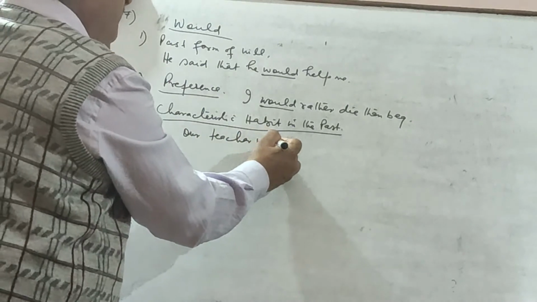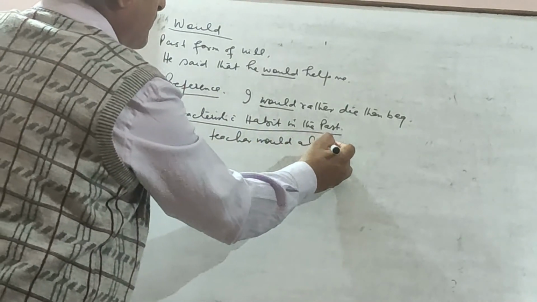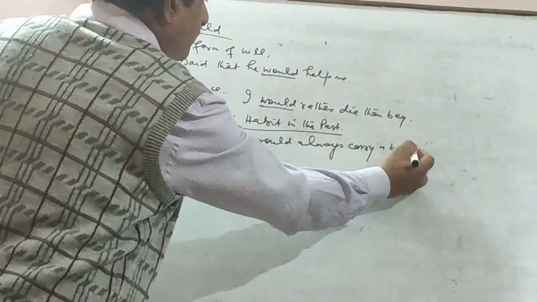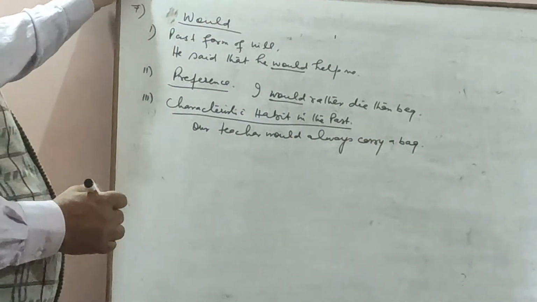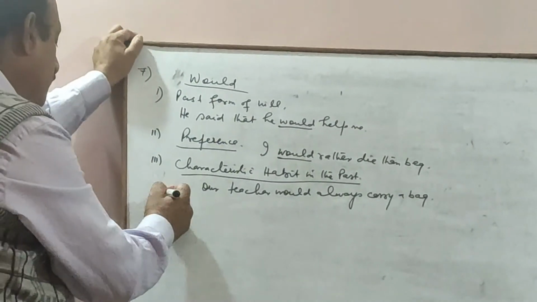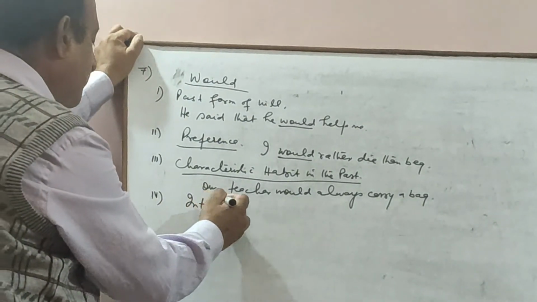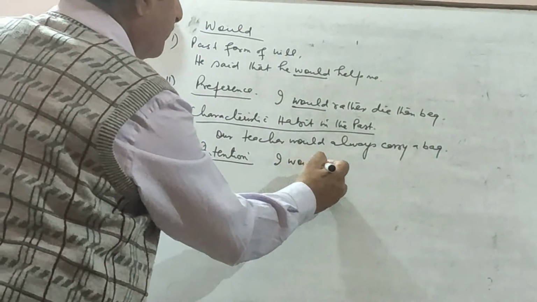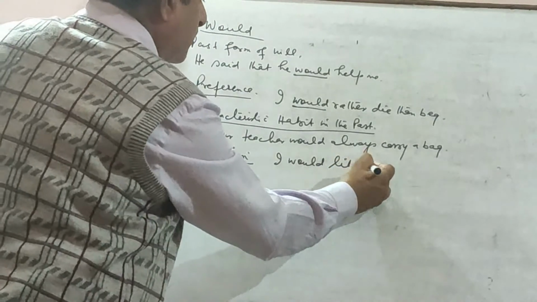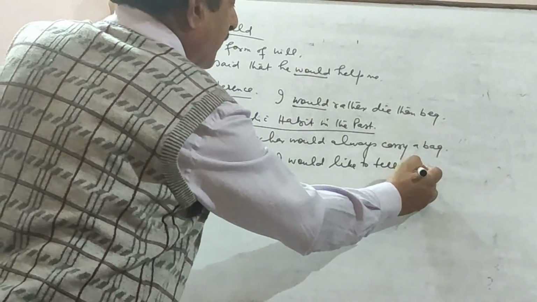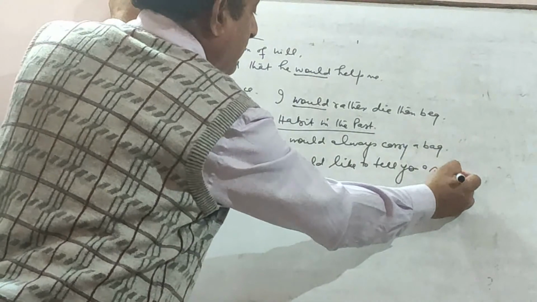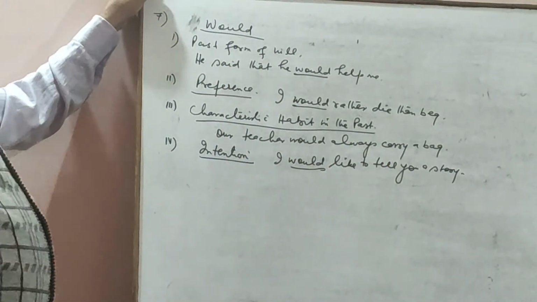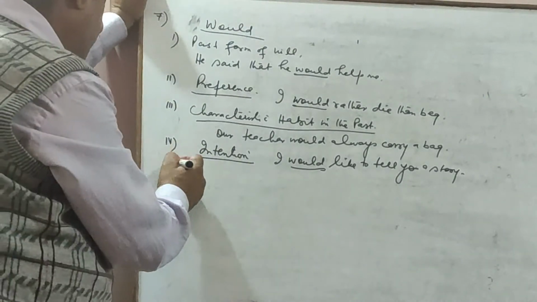Our teacher would always carry a bag. So it is a characteristic habit, and then it is used to show intention. I would like to tell you a story. Here it is the writer's intention to tell somebody a story, and we use would.